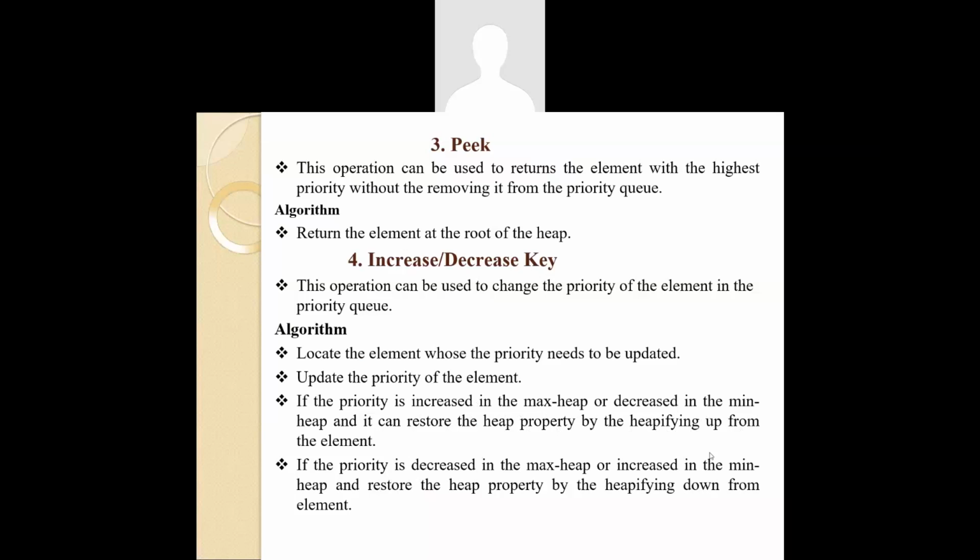The other is in the opposite direction: if the priority is decreased in the max heap or increased in the min heap, restoring the heap is called heapifying down. This is with respect to the descending order, and this is with respect to the ascending order. So there are two types of operations, heapify up and heapify down, with respect to the priority queue.